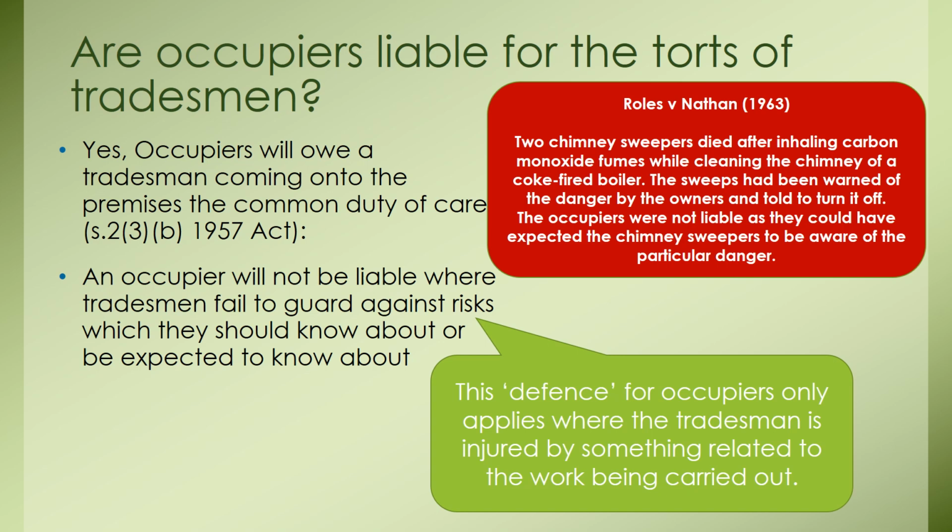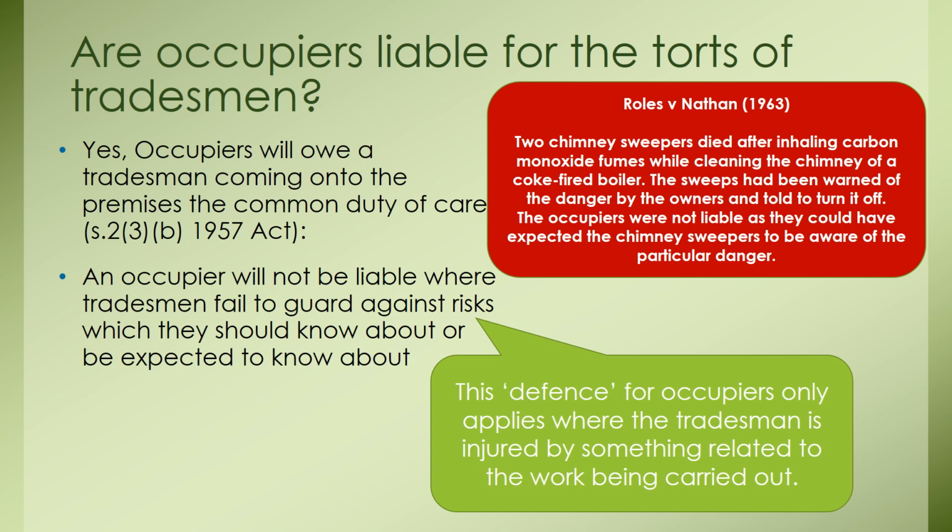However, they will not be liable where tradesmen fail to guard against risks which they should know about or be expected to know about. So this is a type of defence in a way, and I've put this in green. This defence will only work where, as I said before, the tradesman is injured by something related to the actual work being carried out.